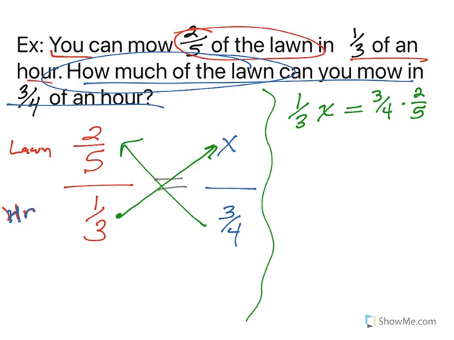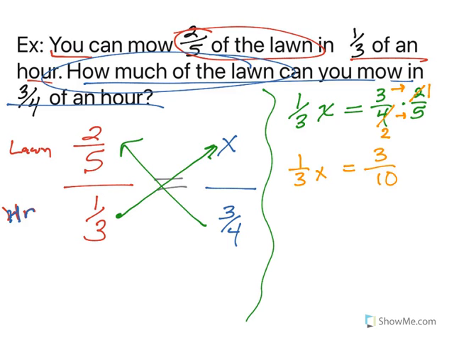Now, if you look at the right side of our equal sign, when I'm multiplying fractions, hold on, let me rewrite 3/4 so it looks a little prettier. There we go. I can reduce numerator to denominator. So 2 and 4 are both reducible by 2. So I can simplify. I still have 1/3 X on the left side of my equal sign. And now when I multiply straight across, 3 times 1 is 3, 2 times 5 is 10.